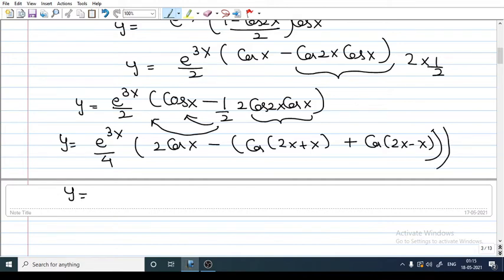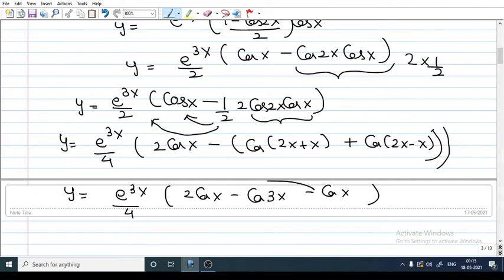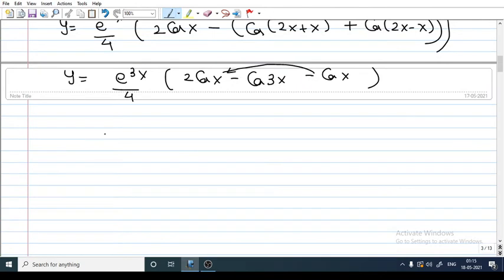Now let's move on further. We have the whole divided by 4 into 2 cos x minus cos 3x minus cos x. So one cos x will cancel out, and we are left with y equal to e power 3x by 4 into cos x minus cos 3x, right?